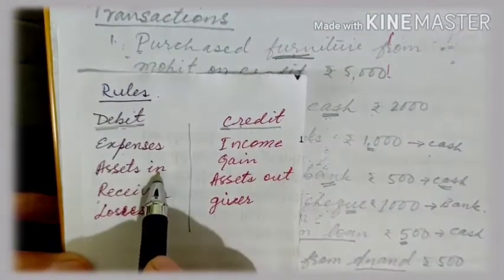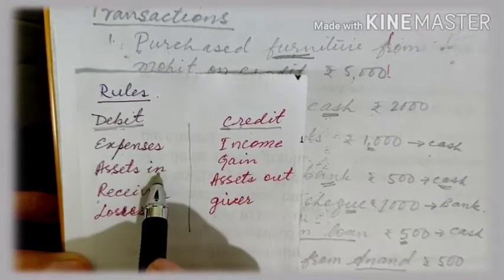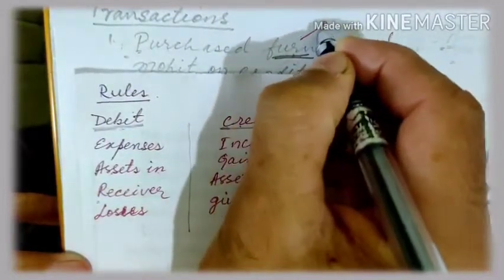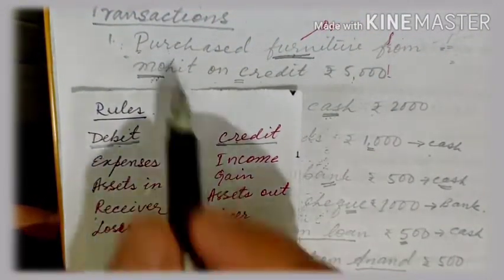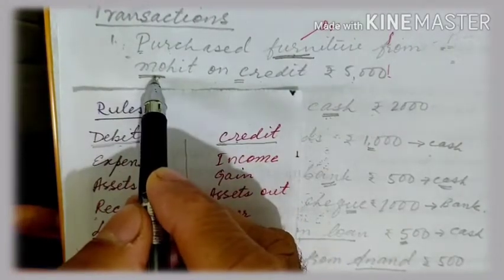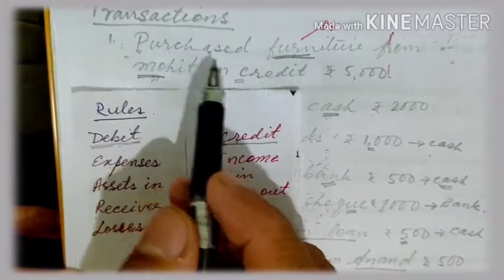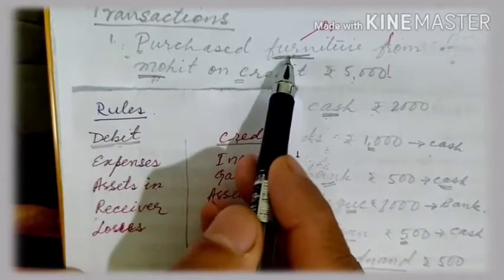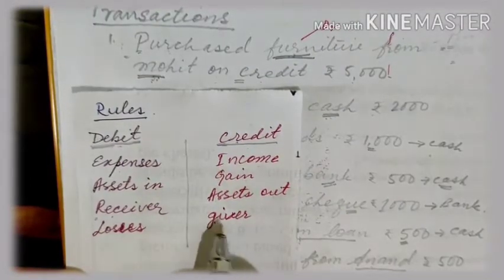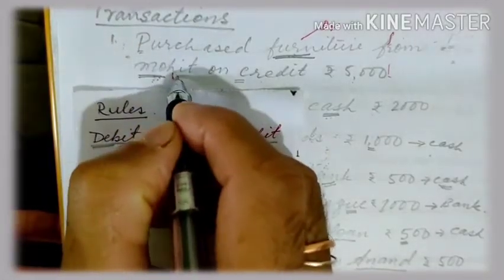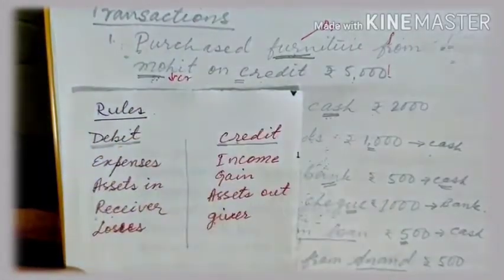So it is asset in, furniture is an asset. Furniture in, that means this furniture is your debit. Then Mohit. Mohit is giving the furniture, so he becomes receiver or giver, he becomes giver. So giver means credit. So Mohit is credit.